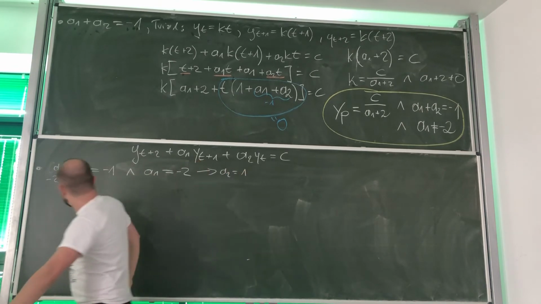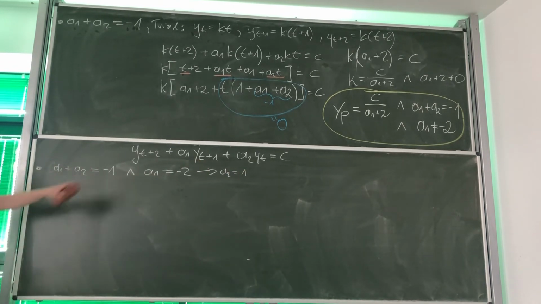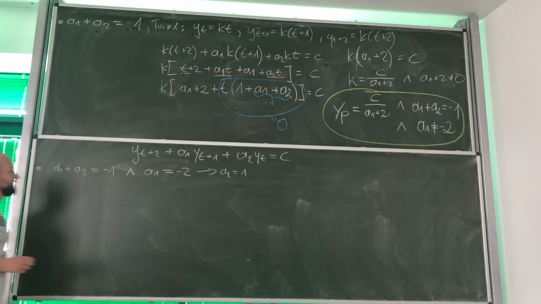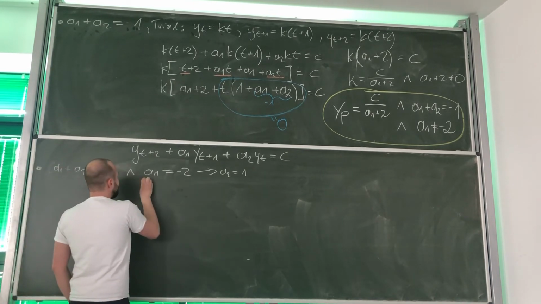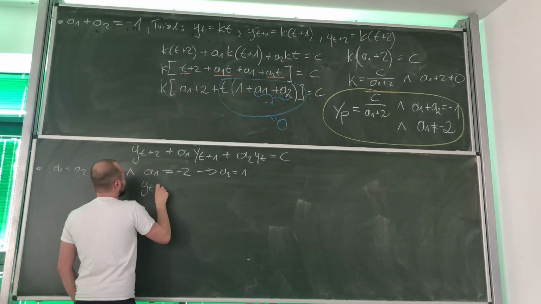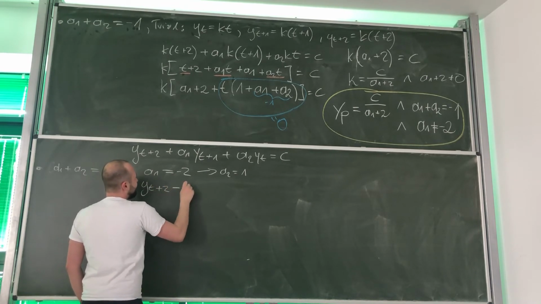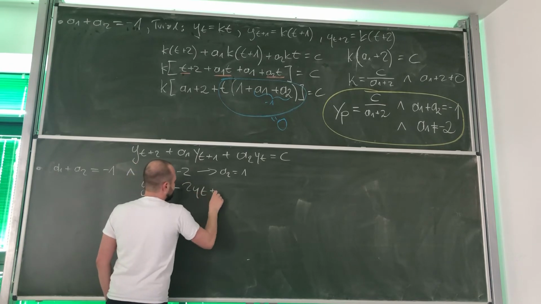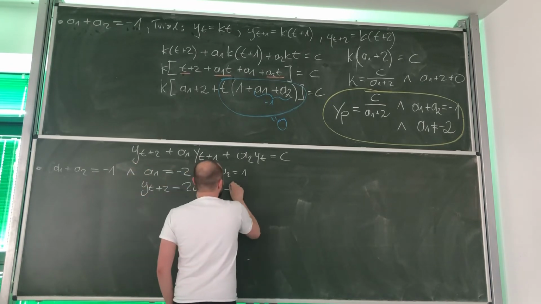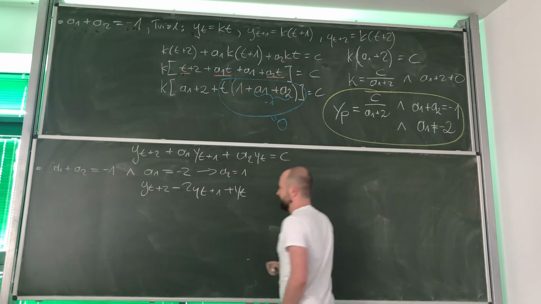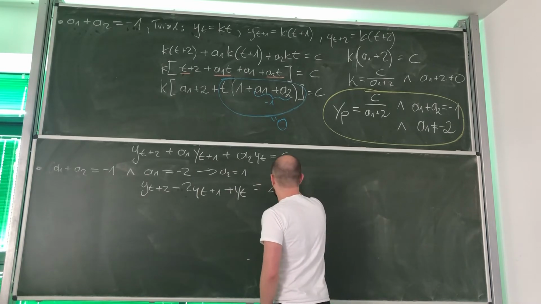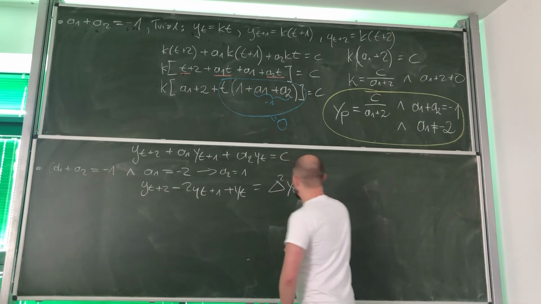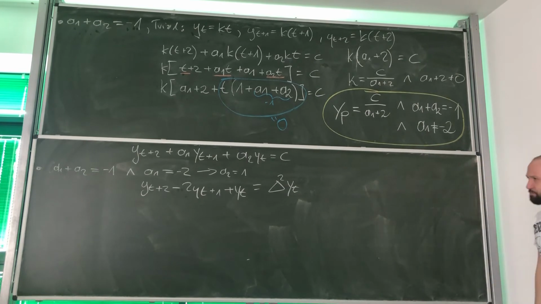So look, here we are talking about a very specific case, right? If I substitute, we get that this is the case where our equation is y_{t+2} minus 2y_{t+1} plus y_t, right? So this is the case of simple second difference.